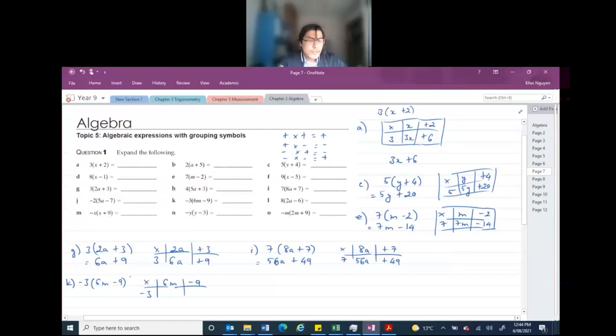Okay, so negative 3 times 6, negative and positive, well, that's going to be negative. 3 times 6 is 18, it's 18m. Then we have negative 3 times negative 9. Negative and a negative is a positive. And 3 times 9 is 27. So our answer is going to be negative 18m plus 27.